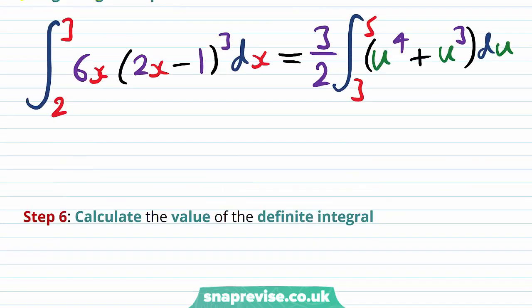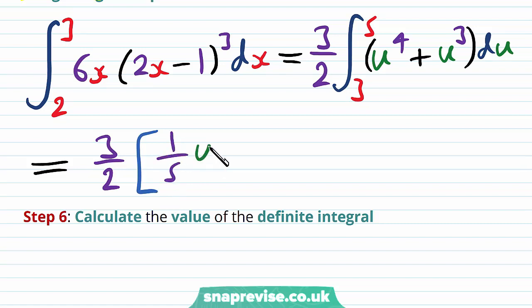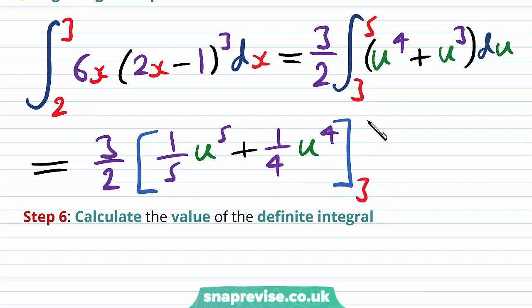And so we perform the integration and we leave our 3 over 2 outside, and then we have our square brackets: we get 1/5 u to the power of 5, plus 1/4 u to the power of 4. And then we have our new limits 3 and 5.